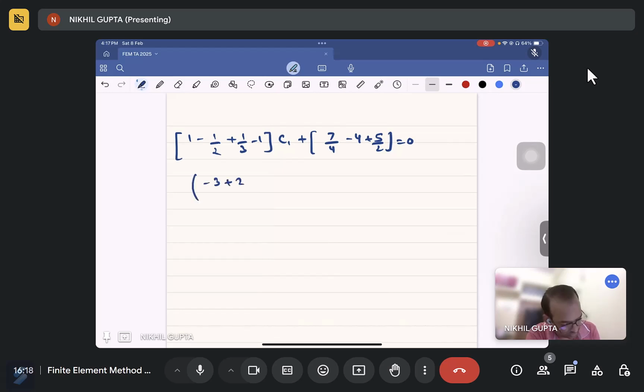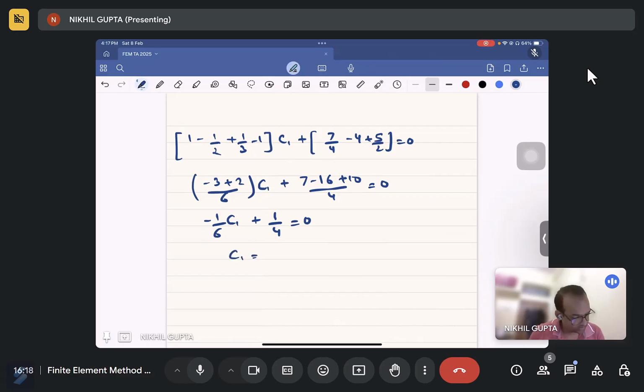Minus 3 plus 4 plus 6 C1 plus 7 minus 16 plus 10 by 4 equals 0. When we solve it, we'll get 1 by 6 C1 plus 1 by 4 equals 0, and this will give you C1 as 1.5.